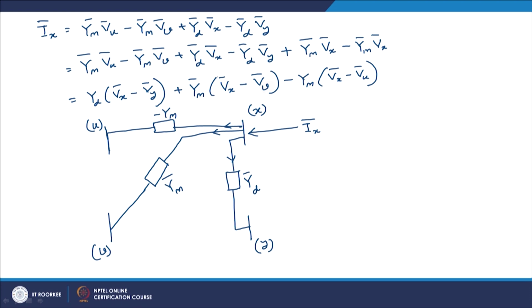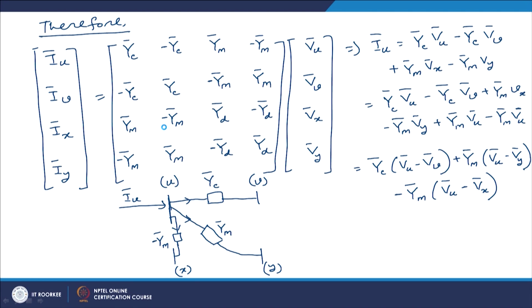So the first current is Yd into Vx minus Vy, this term. Second current is Ym into Vx minus Vv, this is this term, and the third term is minus Ym into Vx minus Vu, this is this term. So this is the third equivalent circuit. Let us go to the last equivalent circuit.